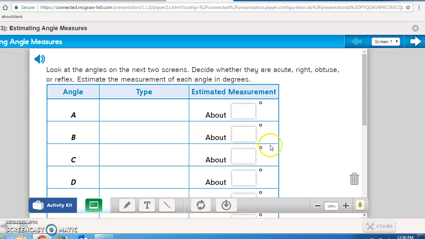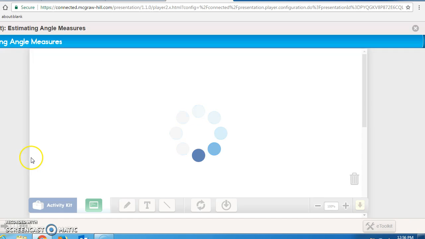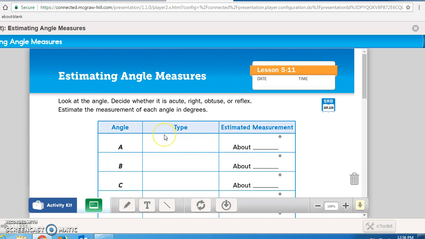Estimate the measure of each angle in degrees. Well, on your Math Journal page, you need to look up in the upper right-hand corner, and it's going to give you a page in your student reference book that you can look at to make sure that you're writing the type down correctly and the estimated measurement down correctly. Remember, you can always rewind this recording if something wasn't thoroughly explained enough for you.